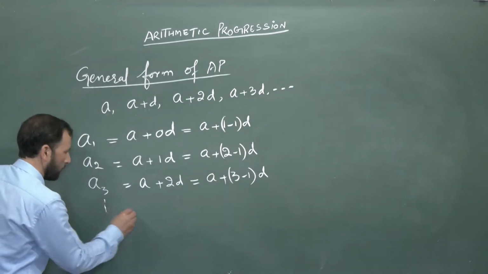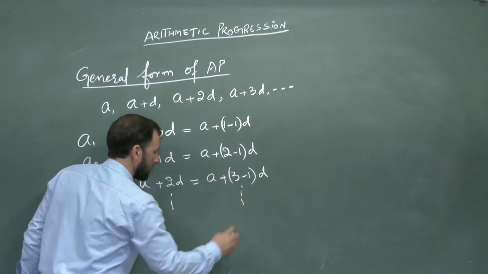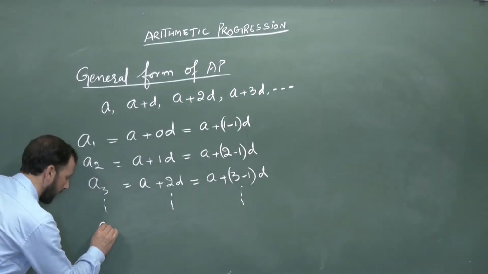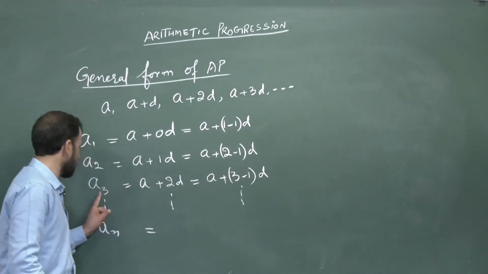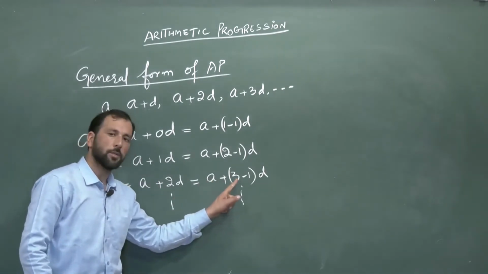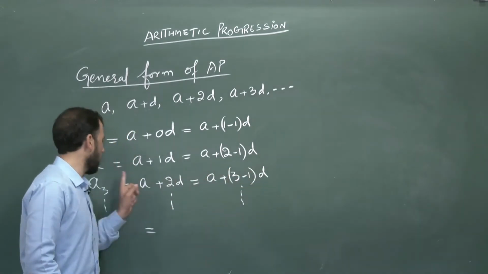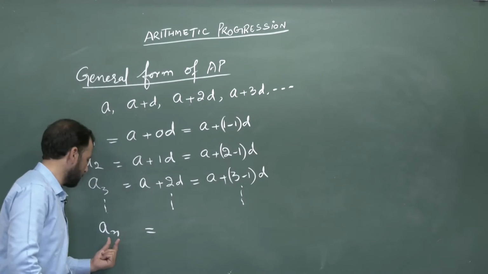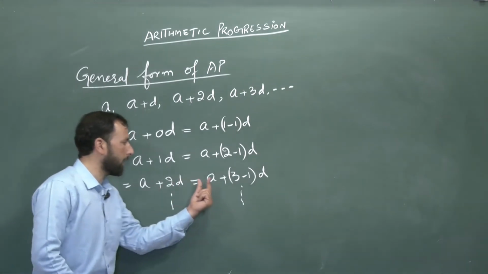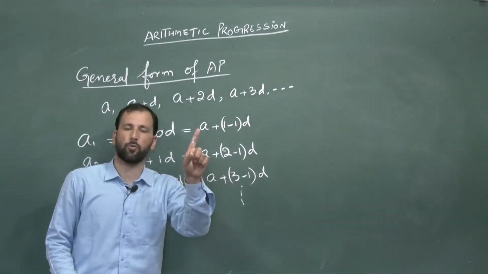Now, if we proceed up to the nth term, we can write an is equal to, here a3 is a plus 3 minus 1 into d, a2 is a plus 2 minus 1 into d. Then if we write an, what can we write here? a plus n minus 1 into d.